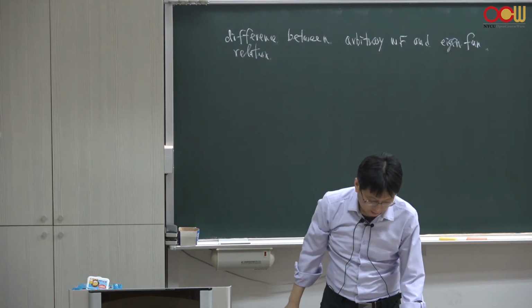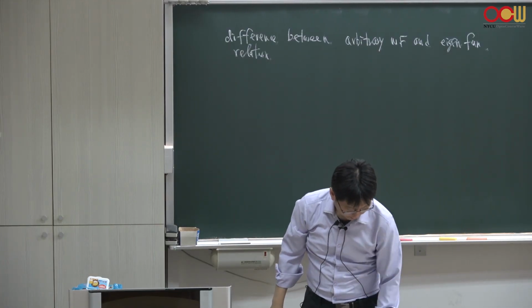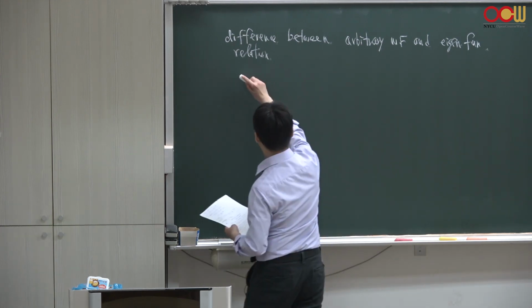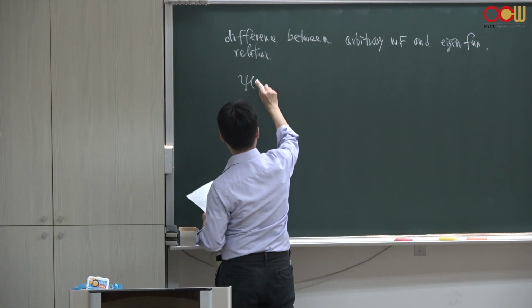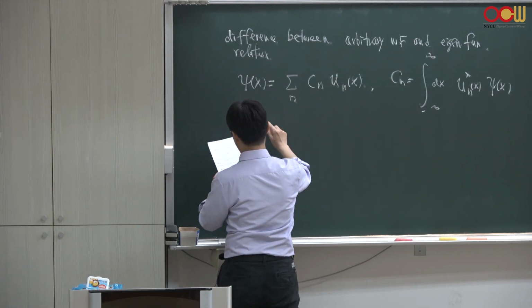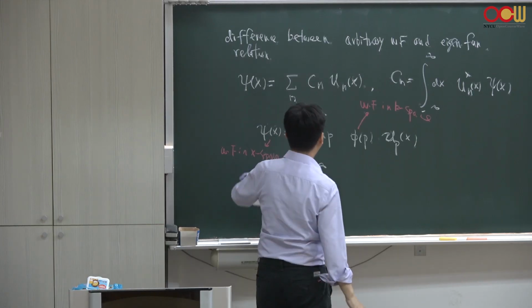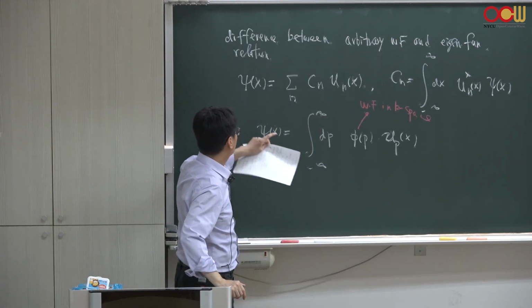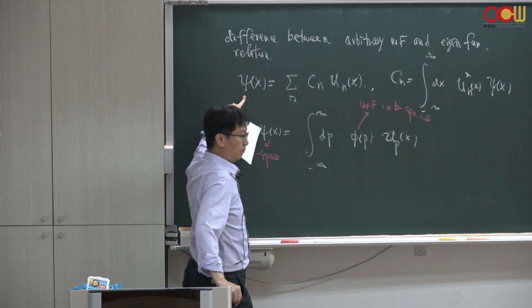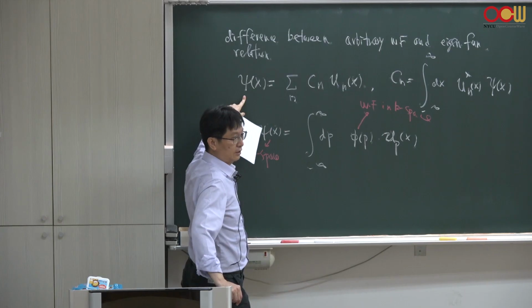So the best way to explain this is, again, to go back to this expansion theorem that looks like the Fourier decomposition that we already discussed to some extent. We mentioned previously that any wave function in quantum mechanics could be decomposed in terms of a complete set of eigenstates, right?